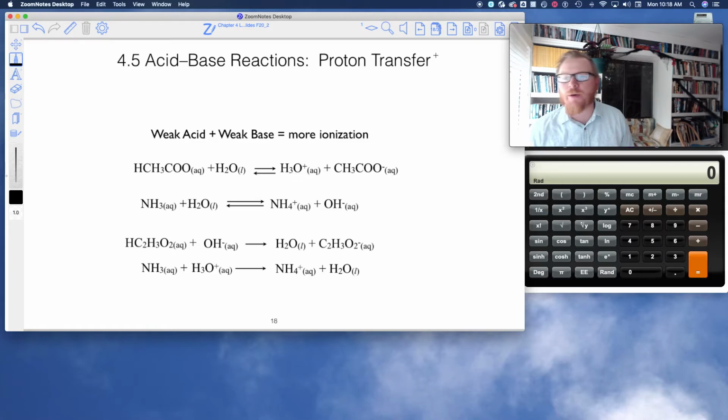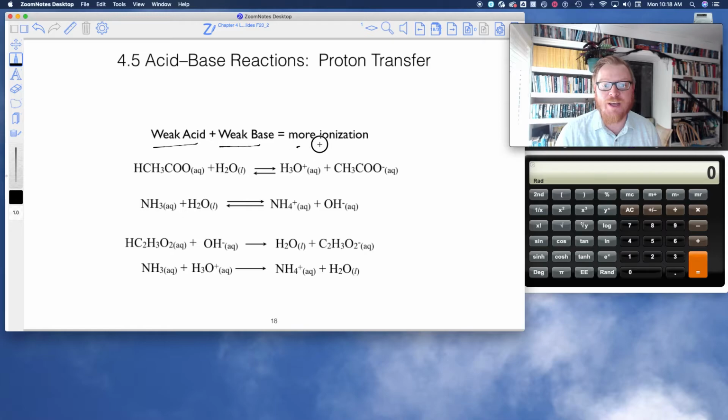Now, this is one demo that the guy didn't do, but this is a demo that I always like to do live. What happens when you react a weak acid with a weak base? Your intuition might tell you that they're both weak, so not much is going to happen. But it's the opposite. When you react a weak acid and a weak base, you get even more ionization. This gets complicated, so let's break it down.